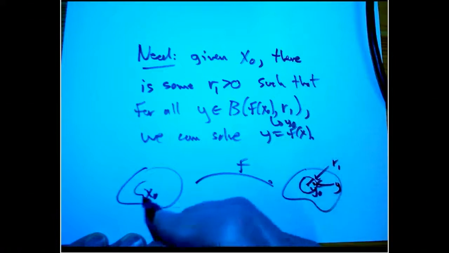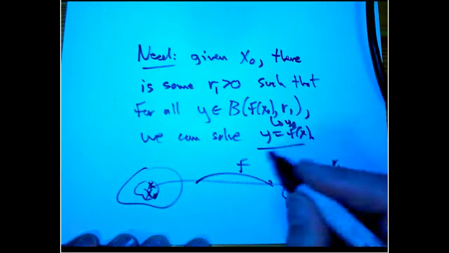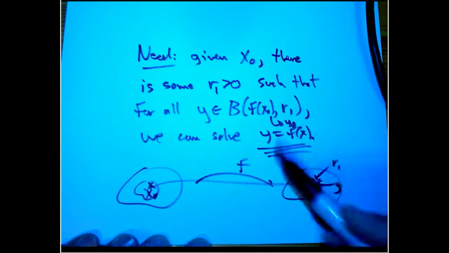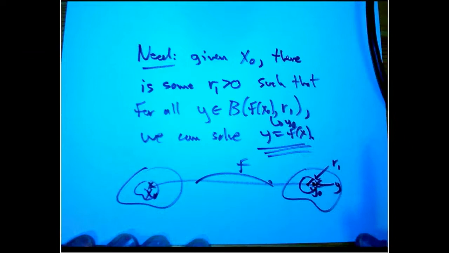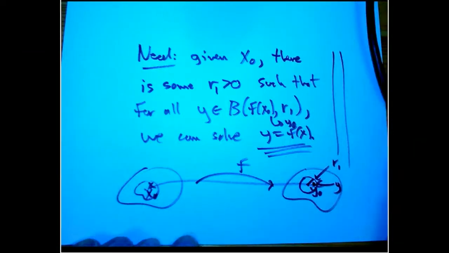I need to know that there's some x that hits that. So not caring about one-to-oneness, uniqueness, because we've already dealt with that. We know we don't get it globally, but we've already dealt with the fact that we're going to get it uniquely. But we need existence. This is where we connect with those methods for solving that we had before. There's two methods I want to show you, so it'll probably be two more videos to complete the discussion of the inverse function theorem.